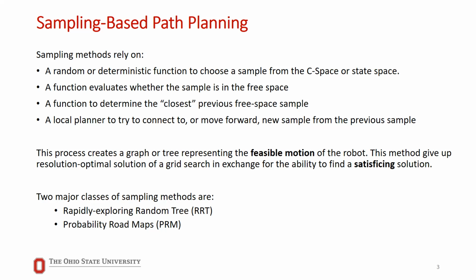You will see that there are methods where the same algorithm has been optimized to actually find the most optimal path. Two major classes of sampling are rapidly exploring random tree, RRT, or probabilistic roadmaps, PRM. You might have heard of both of them.